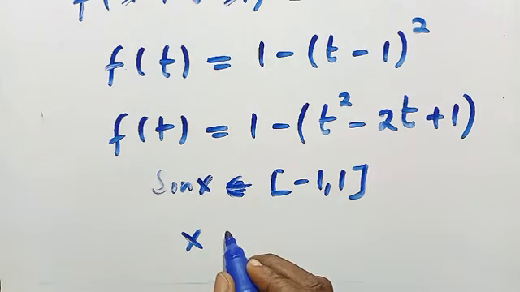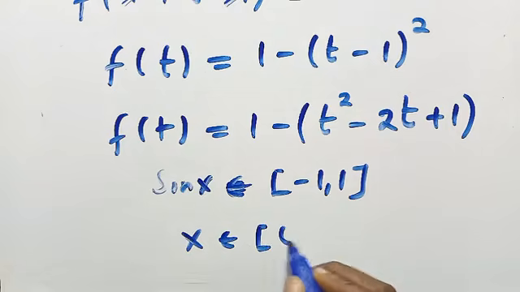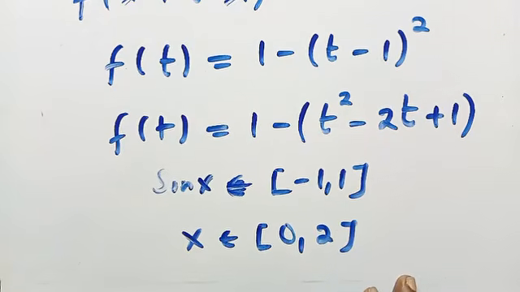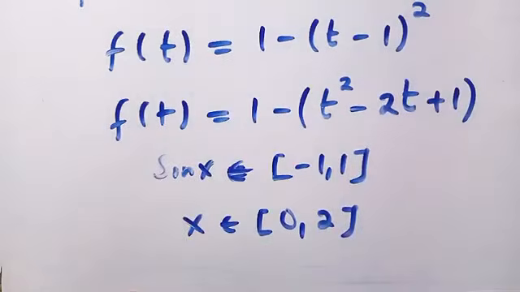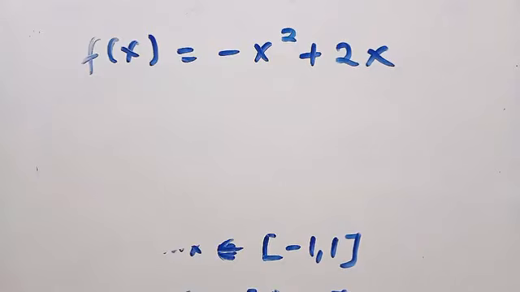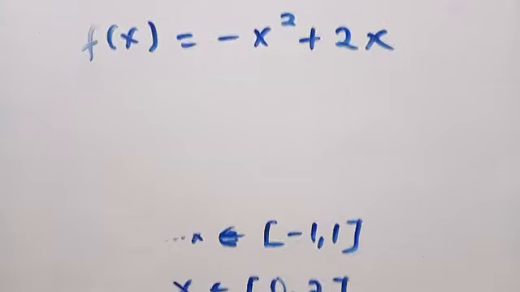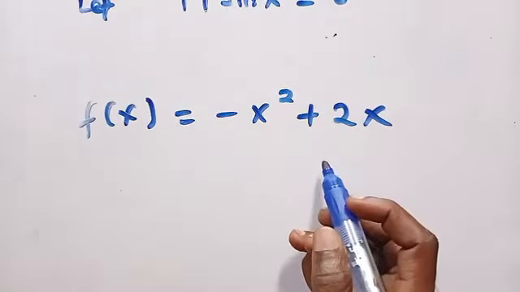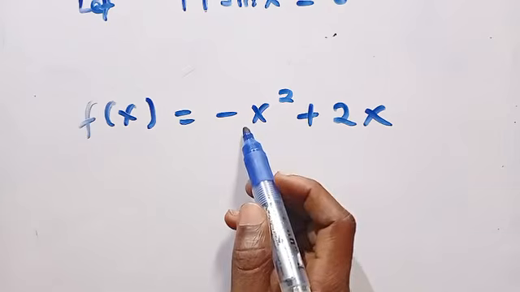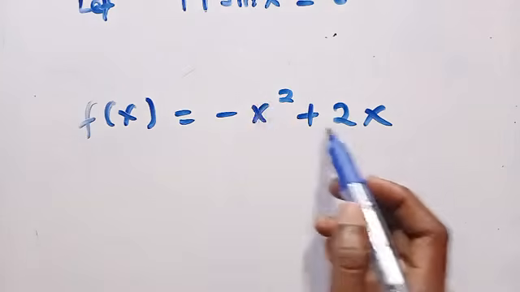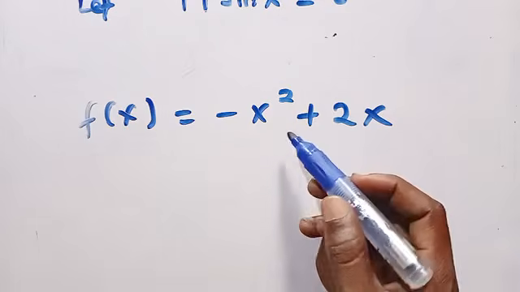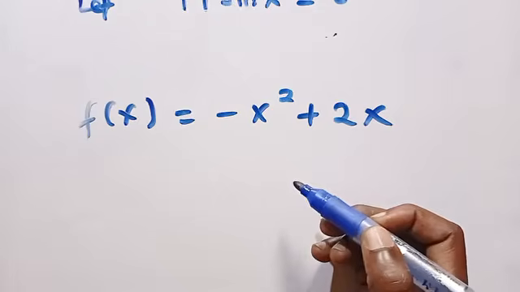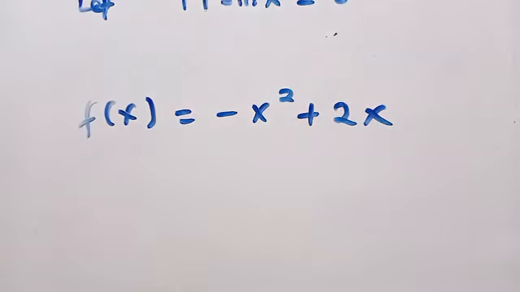So x will now be a member of 0 comma 2. And how do we know that it is 0 comma 2? It is as simple as substituting this value of x into the function f of x. We test for 0, and everything becomes 0. And for the other end, we also get 0. So no other values again. So let's consider this as the first method.